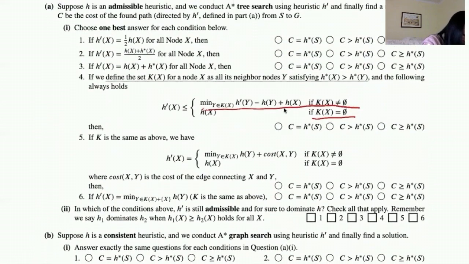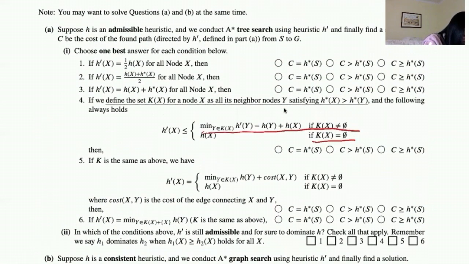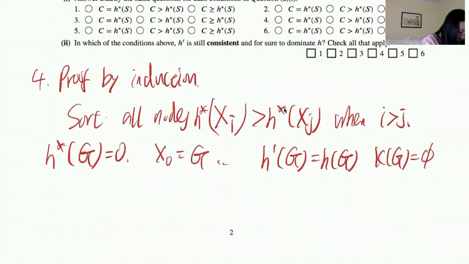Because there will not be any heuristic that is even smaller than the goal node.